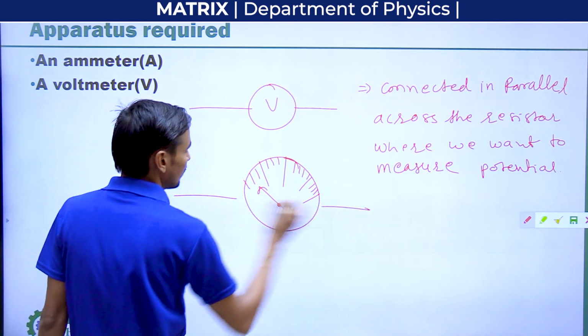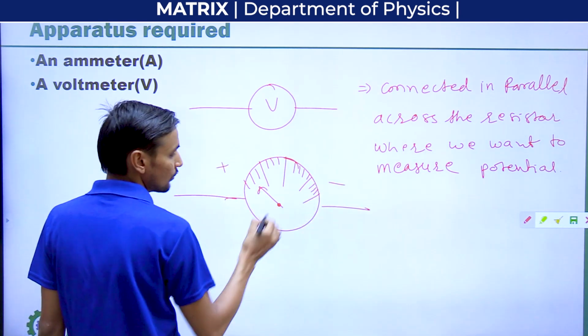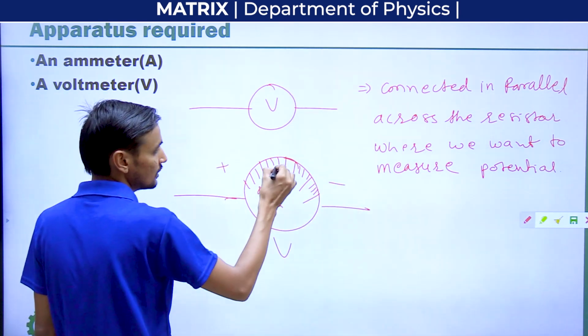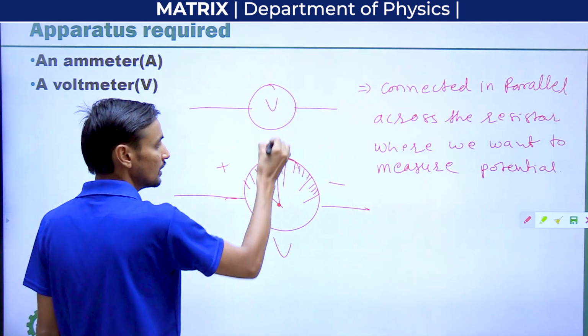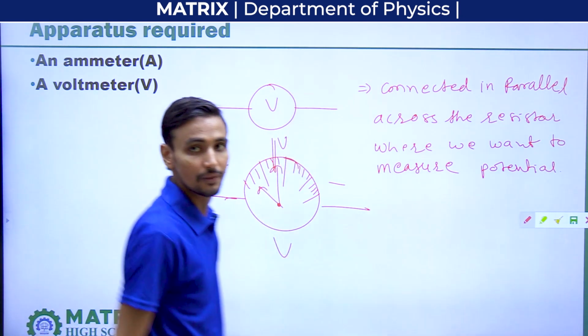When potential comes across the voltmeter, the needle deflects and shows the reading of potential V.